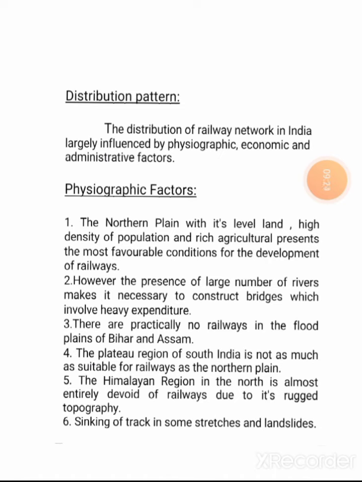Then the last one is sinking of tracks in some stretches of our country, and landslides. So these are the physiographic, or we can also say geographical, features of the distribution of railway pattern in our country.